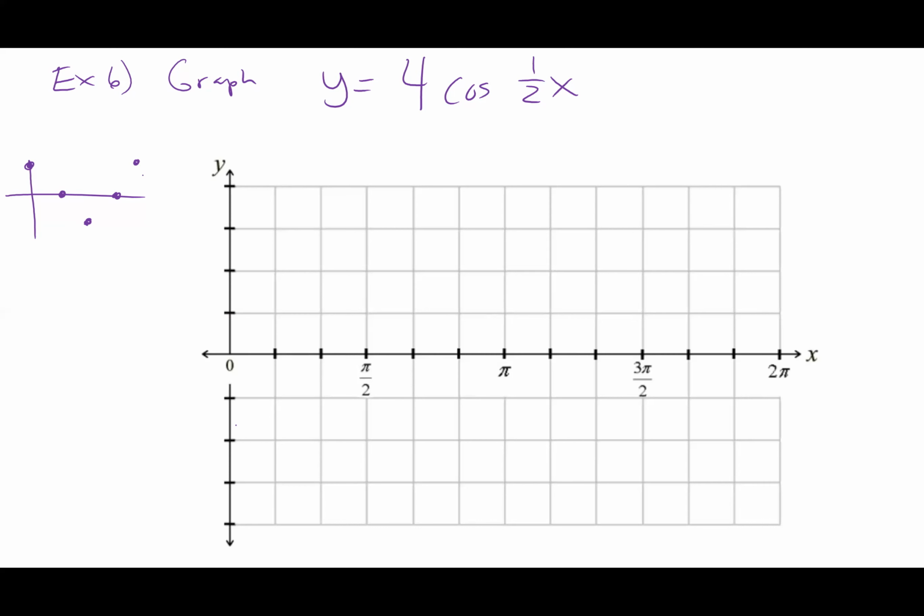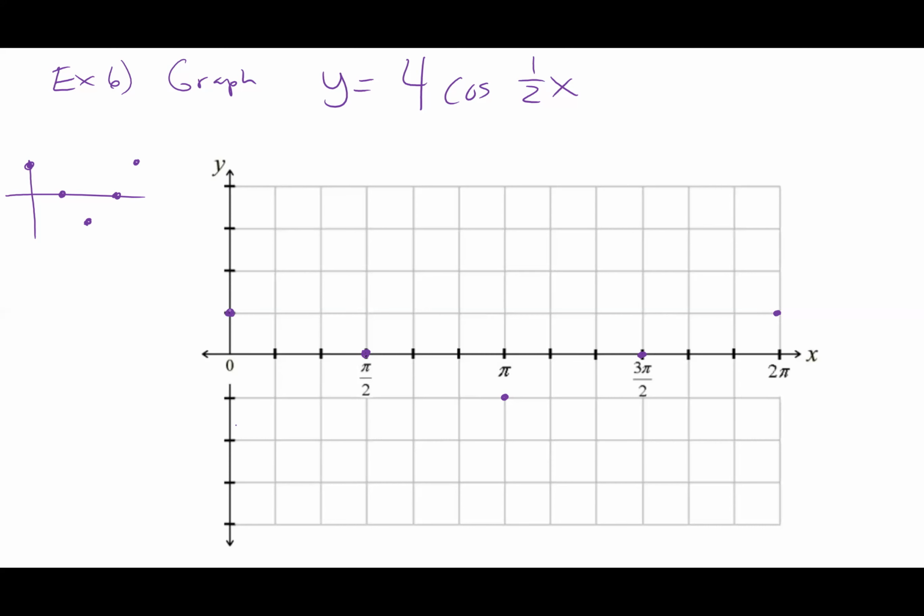If I want to graph it, I can graph it, right? So my original dots in purple are 0, 1; pi over 2, 0; pi, negative 1; 3 pi over 2, 0; and 2 pi. There's my original one. Okay, what am I doing next? Next is the 4.